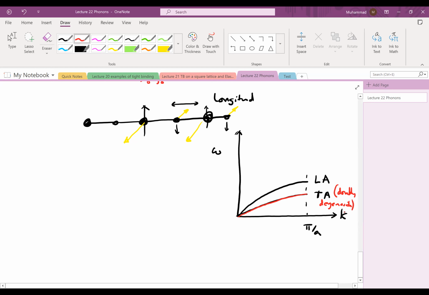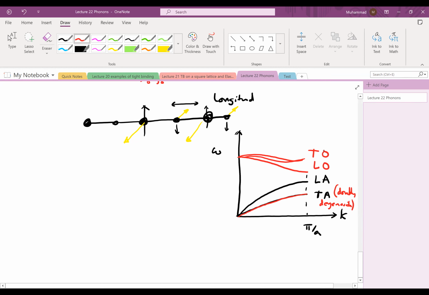I could also have a longitudinal optic band and two doubly degenerate transverse optic bands. So I can have quite an interesting and rich scenario of acoustic and optical bands.